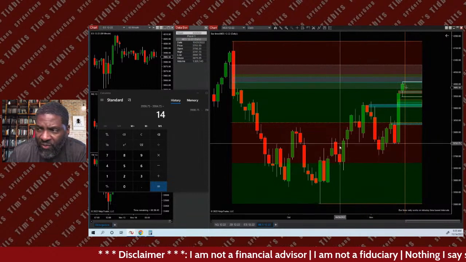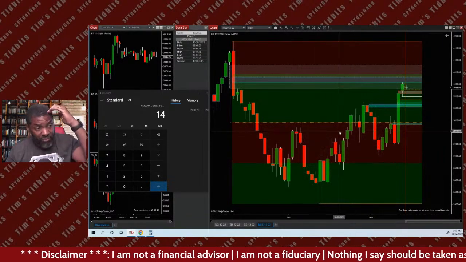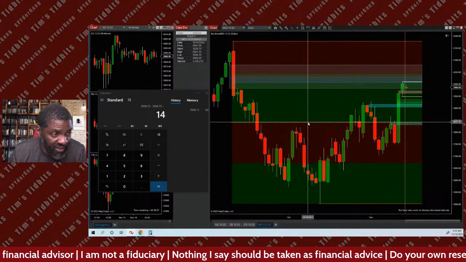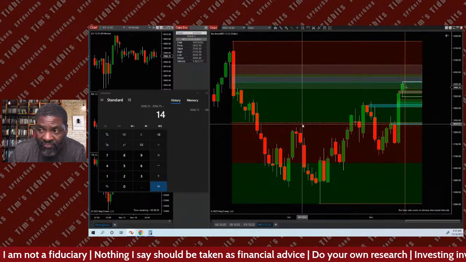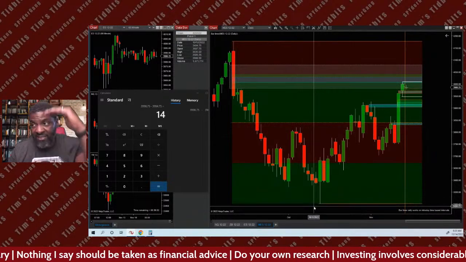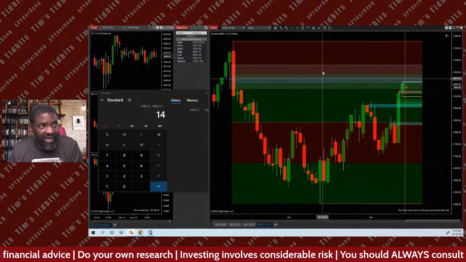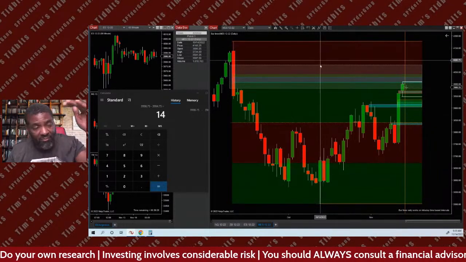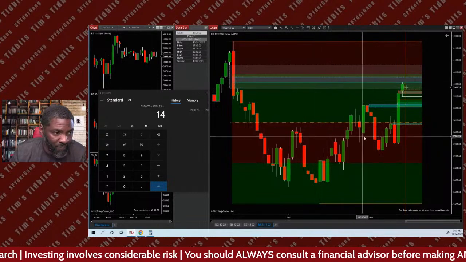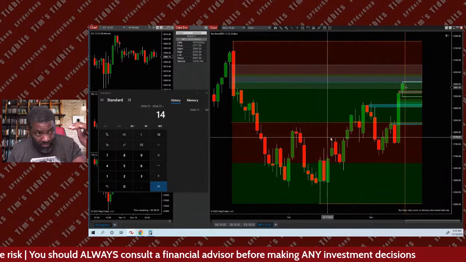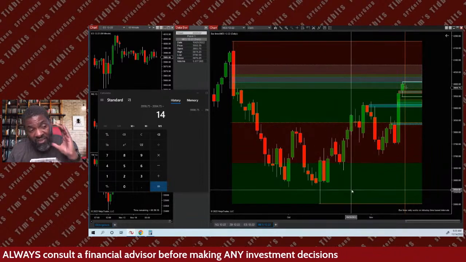The red and the green rectangles on the bottom, that's the premium and the discount of the discount area. From this dotted line in the middle down is the discount of our dealing range, our box. From this dotted line up, that's the premium of our dealing range, right?